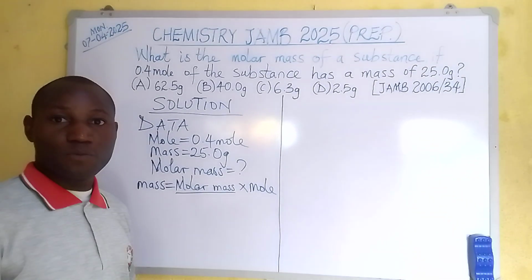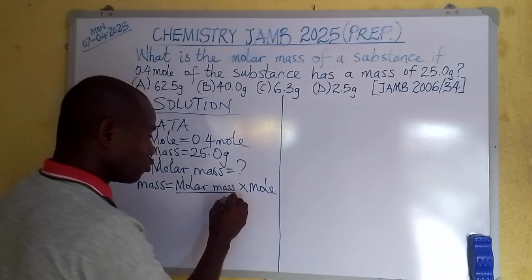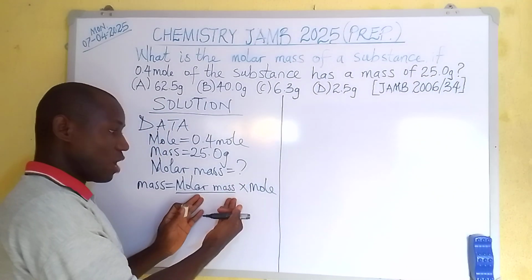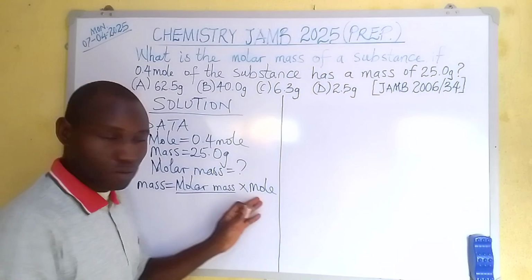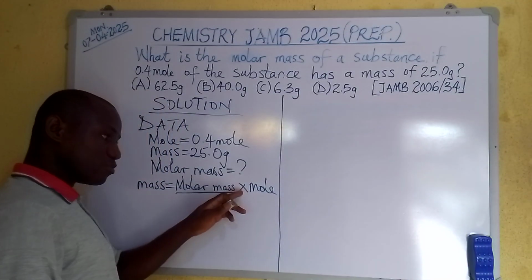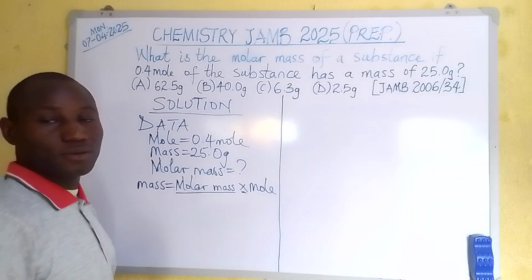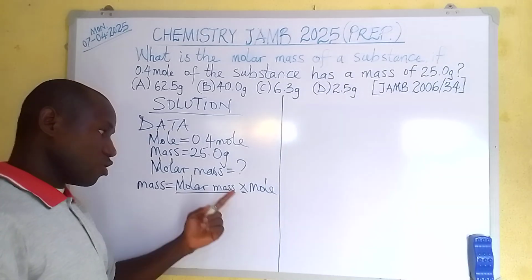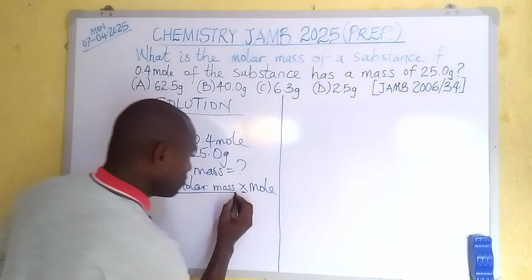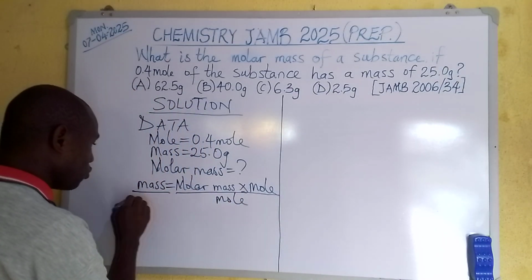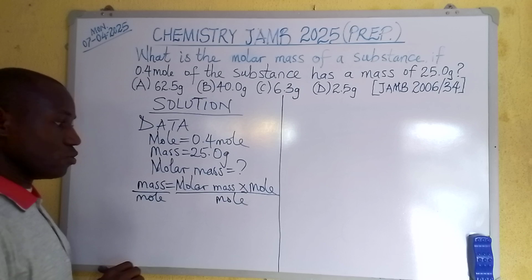Making molar mass the subject of the formula, we need to divide through by the coefficient of molar mass, because what is together here with molar mass is its coefficient, that is mole. Because the relationship is multiplication, we divide, which is the opposite of multiplication. We divide both sides by mole.